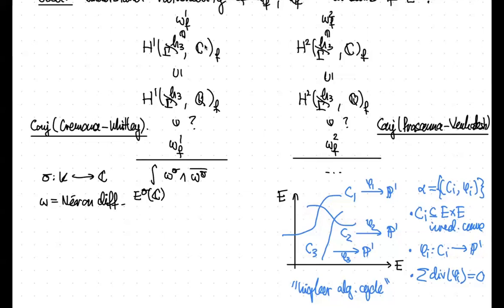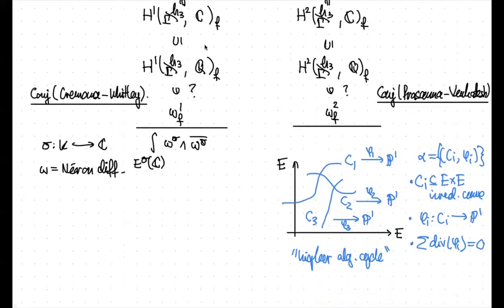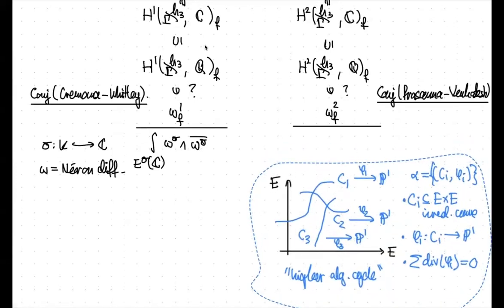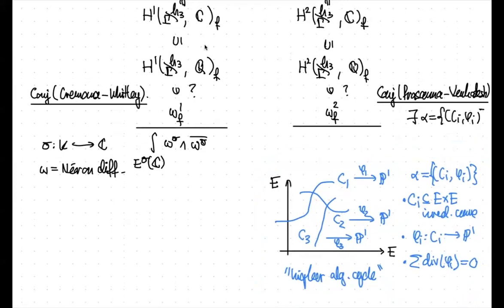What you then have to divide by in order to get rationality is something exactly in terms of these collections. The conjecture is that there exists some alpha, Ci, phi i with the following property. What I want to divide by here is the sum of the integrals of those functions.